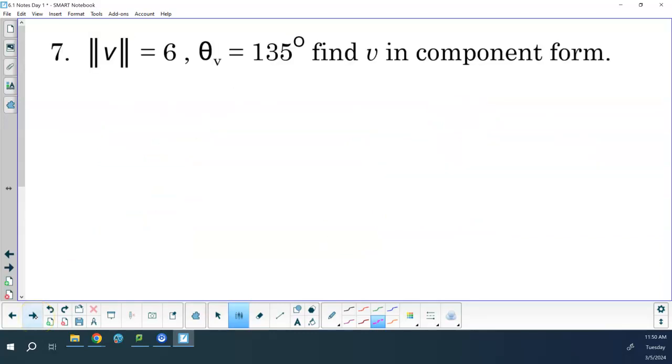Working backwards now, if you're given the length of your vector and you're given the direction angle of your vector, trigonometry tells me that if there's my vector, here's my angle, then this would be the magnitude.